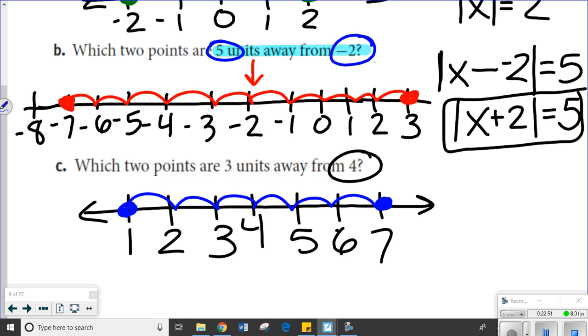So 1 and 7 are my answers to points that are 3 units away from 4. Let's write this equation. Start with your absolute value bars: x minus my starting point, which is 4, equals how many units away did we move? 3 units away.